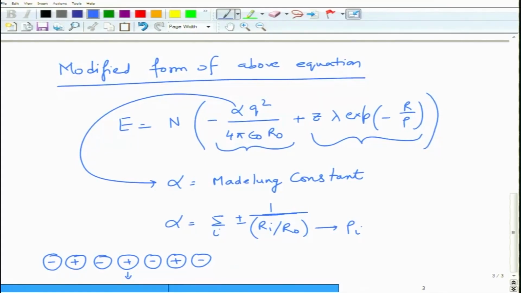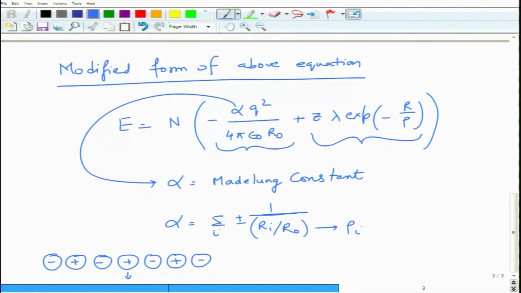So the first neighbor interaction, second neighbor interaction, third neighbor interaction, and so forth. You calculate this alpha value for each ion i, and the sign depends on the charge of the ion i itself. If it's positive, the value will be positive. If it's negative, the value will be negative.